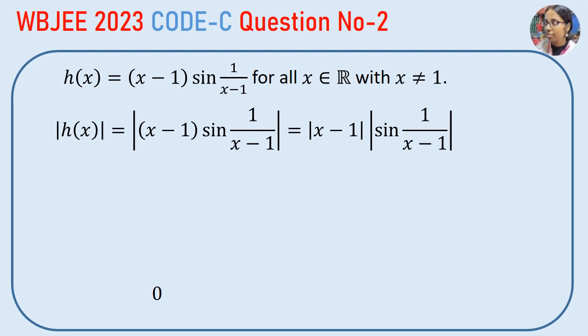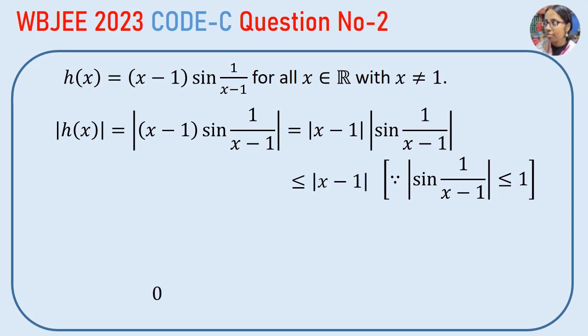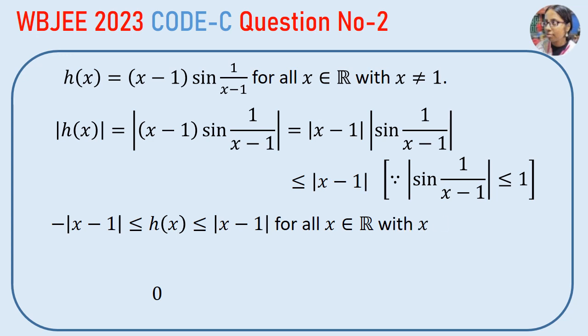Here we use the formula modulus of AB is equal to modulus of A into modulus of B. Since modulus of sine 1 upon x minus 1 is less than or equal to 1, we obtain modulus of h(x) less than or equal to modulus of x minus 1. Consequently, negative modulus of x minus 1 is less than or equal to h(x) less than or equal to modulus of x minus 1 for all x belongs to R with x not equal to 1.